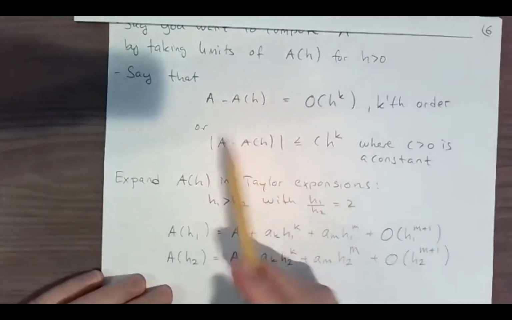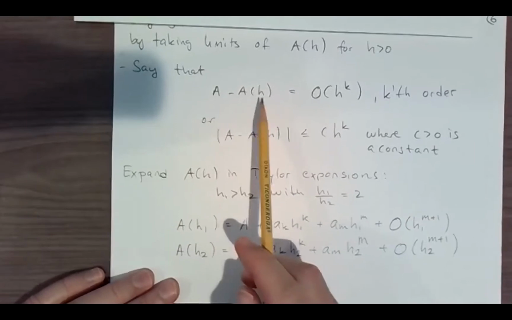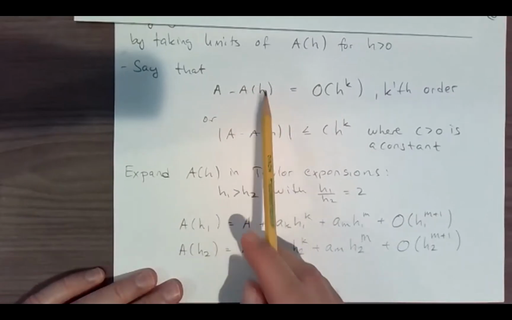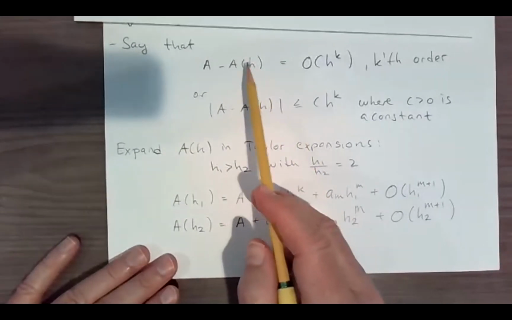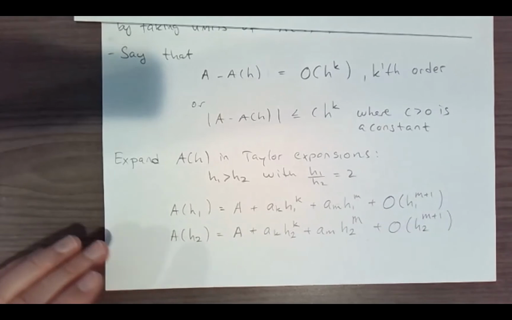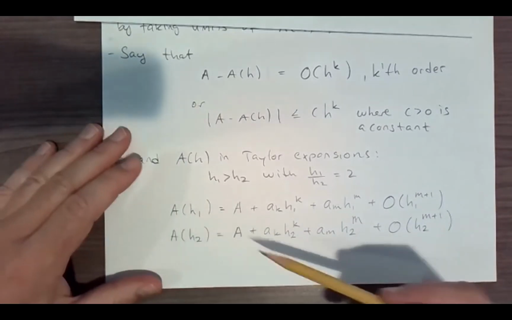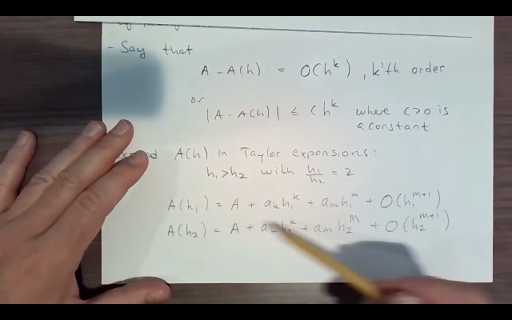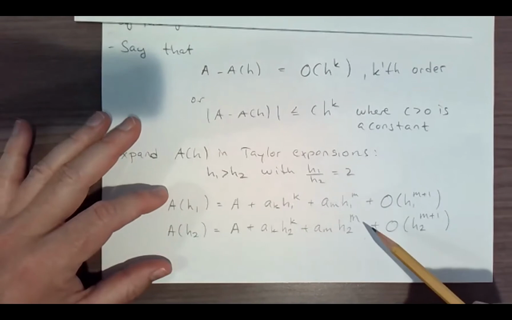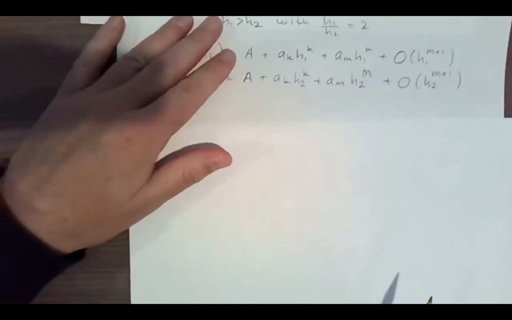And so what I want to do is see if I can make a correction here. So instead of using A of H, I want to use a correction to this thing and obtain a higher order. The only complication is going to be to keep track of all these indices here and not mess them up when we do it. So let me try to take it step by step.